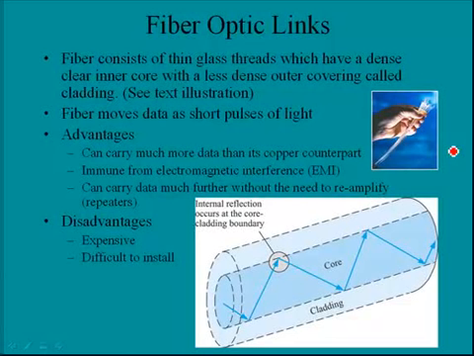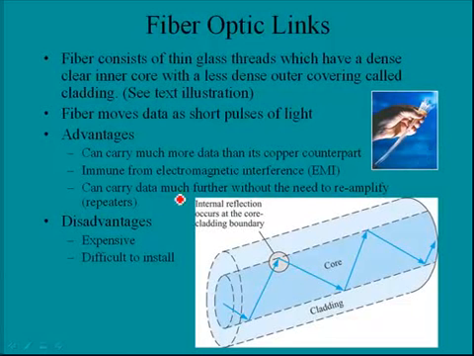With fiber, that data can move right through those magnetic fields or those high noise areas in terms of voltage, and it will just ignore them. And so light is immune to electromagnetic interference, which is a major advantage of fiber.